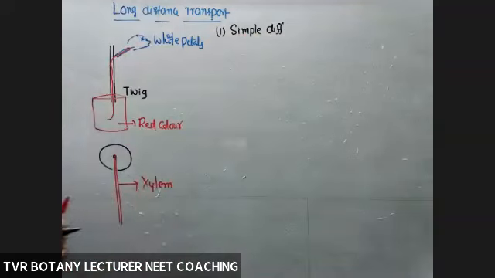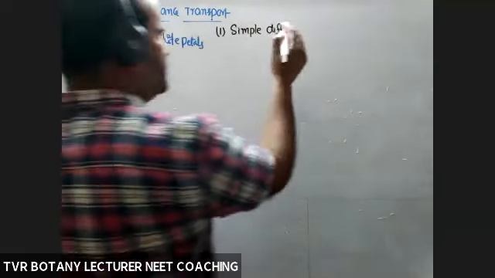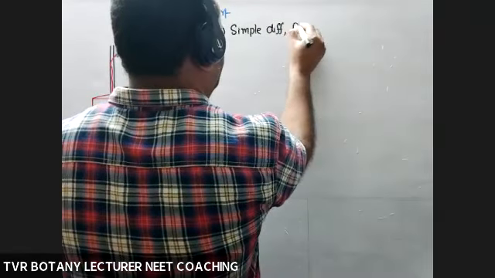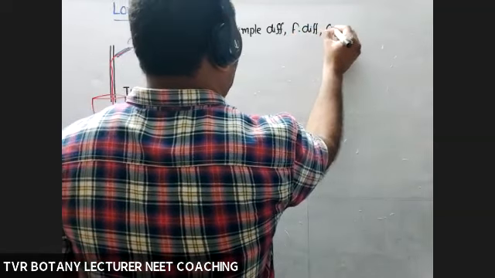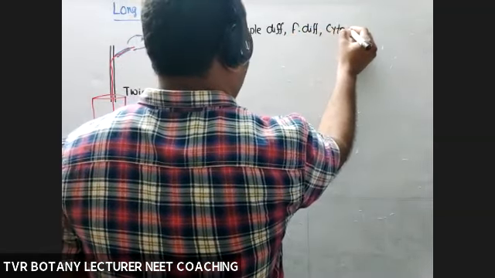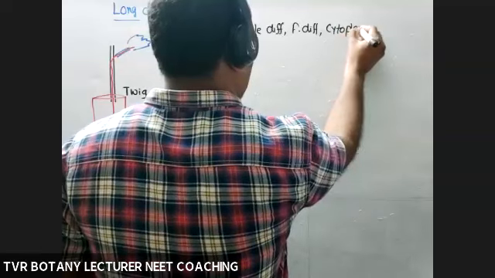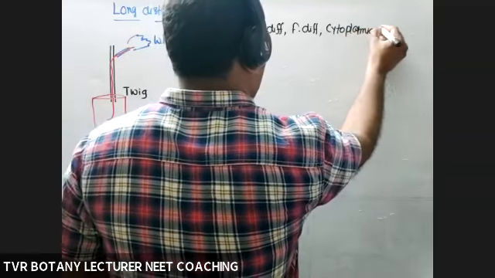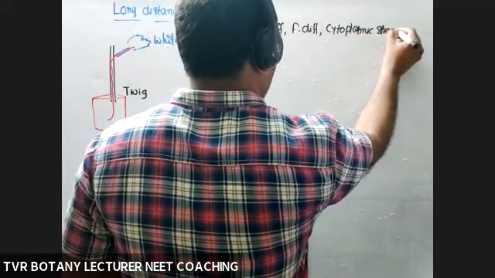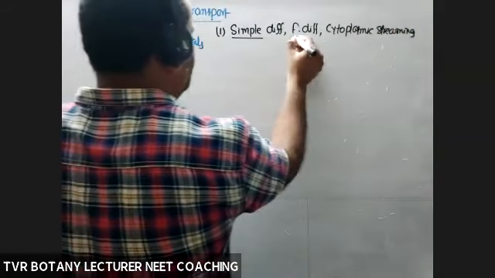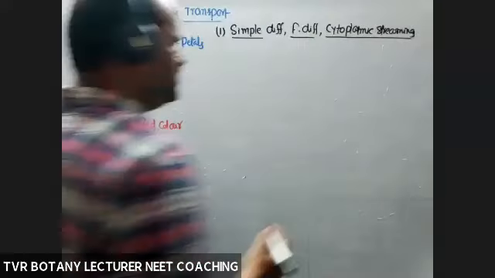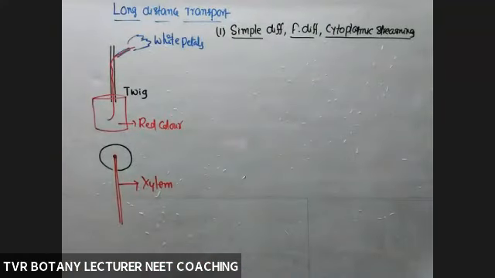Not only simple diffusion, but also facilitated diffusion and cytoplasmic streaming movement, which is assisted by consumption of ATP molecules. Cytoplasmic streaming means movement of cytoplasm around the vacuole.